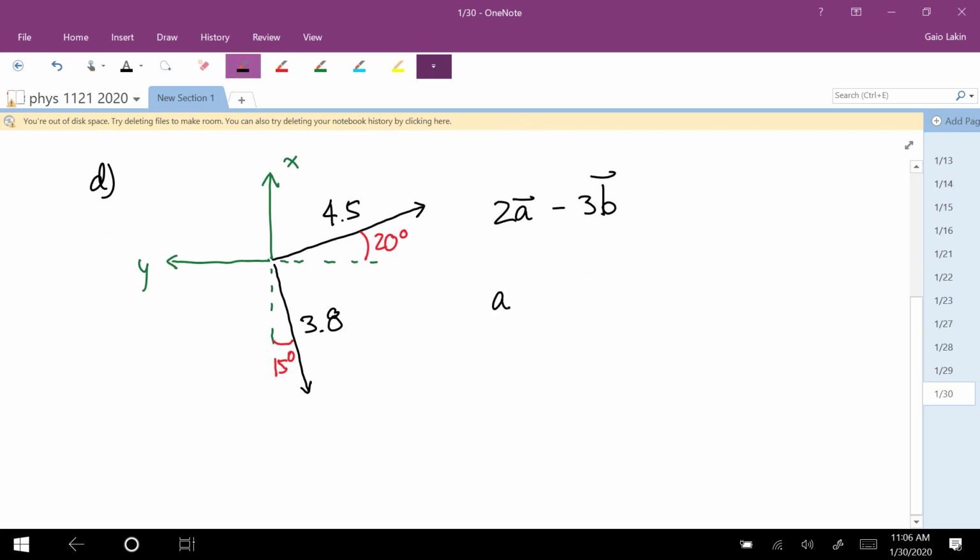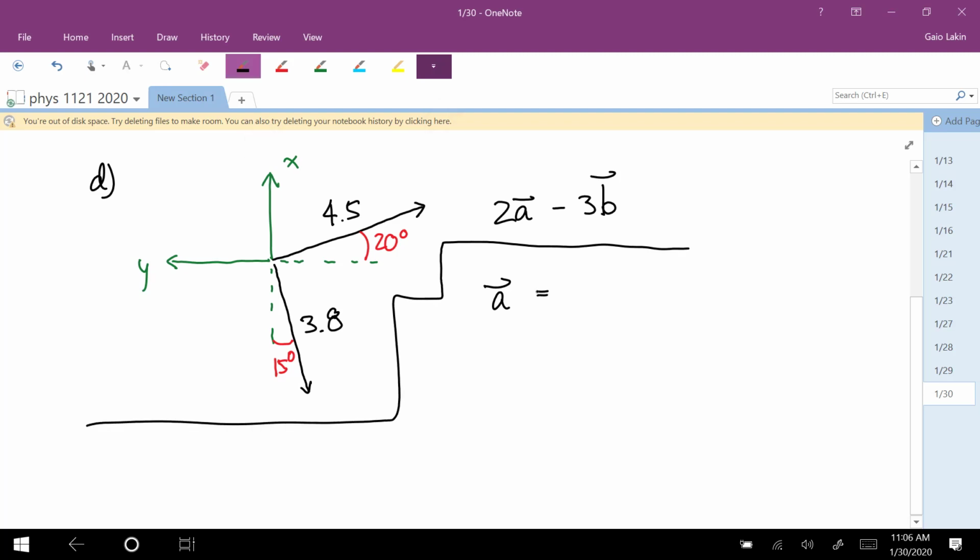So the vector A, to go counterclockwise from the x-axis to the vector, would be 270 plus 20. So you could use 290 or negative 70. So this is 4.5 times cosine and sine of negative 70.